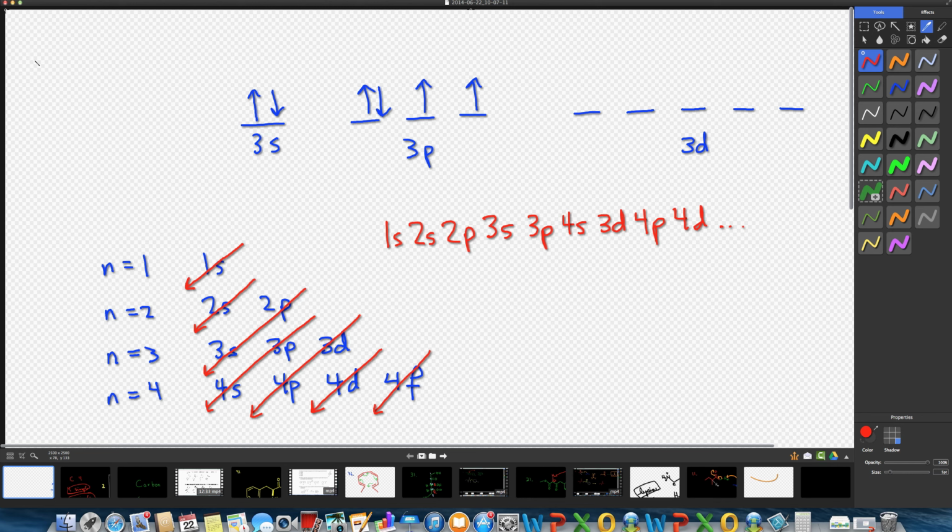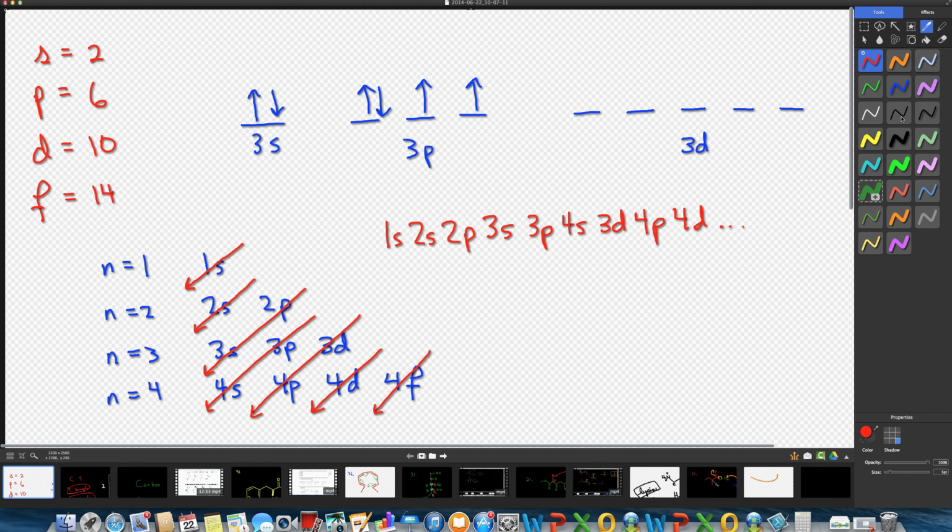Remember, in each s orbital, you can have a maximum of 2 electrons. In a p orbital, you can have a maximum of 6 electrons. In a d, you can have a maximum of 10 electrons. And in an f orbital, you can have a maximum of 14 electrons.